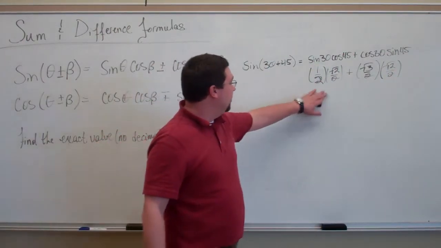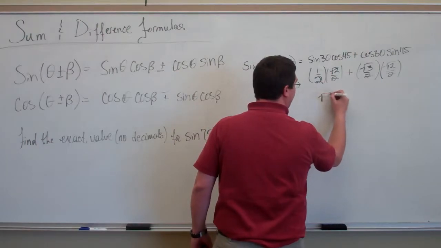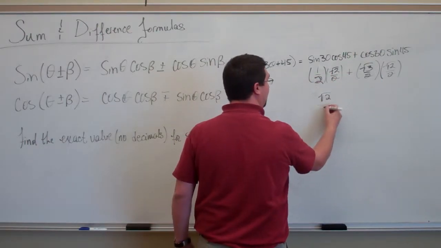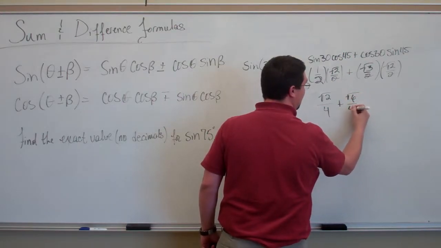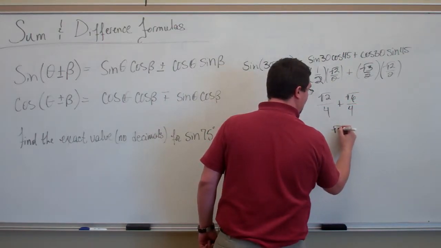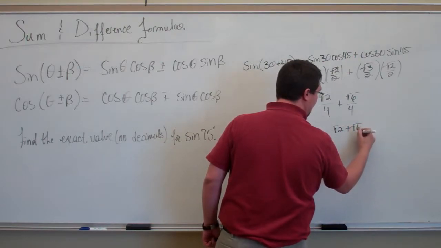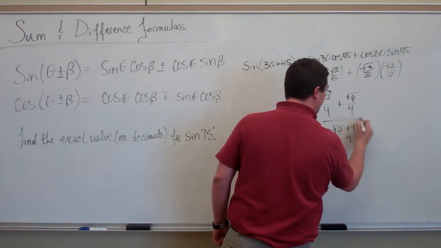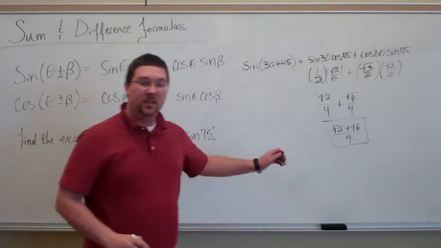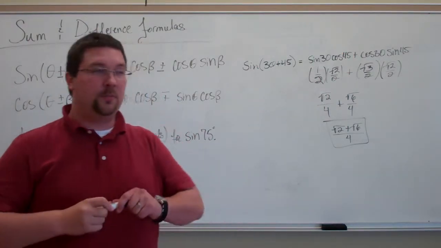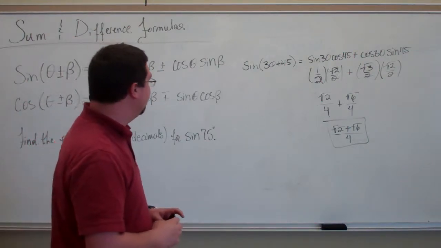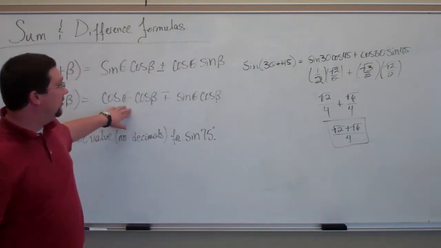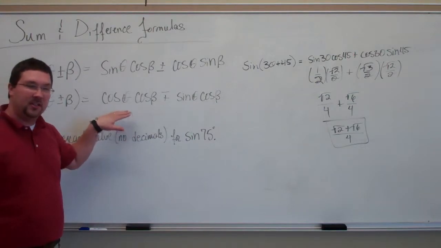Alright? So now you multiply this together, you get the square root of 2 over 4 plus the square root of 6 over 4. So write it as one single fraction. Your answer comes out to be the square root of 2 plus the square root of 6 over 4.